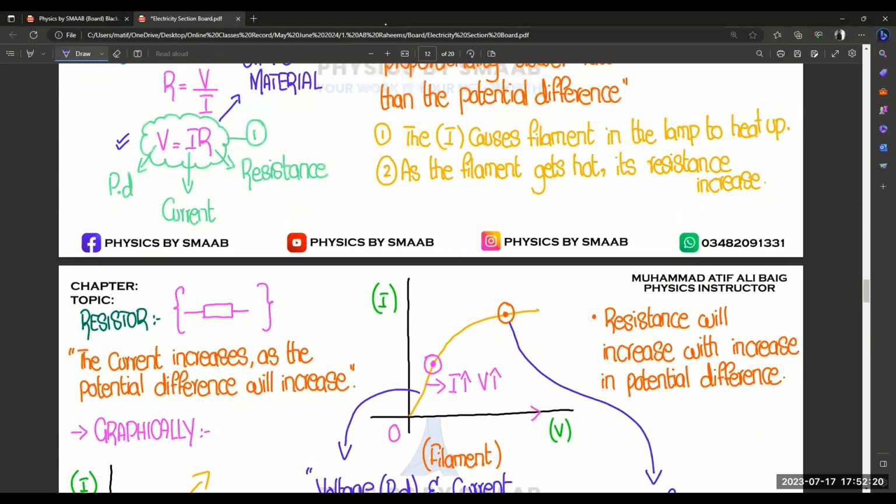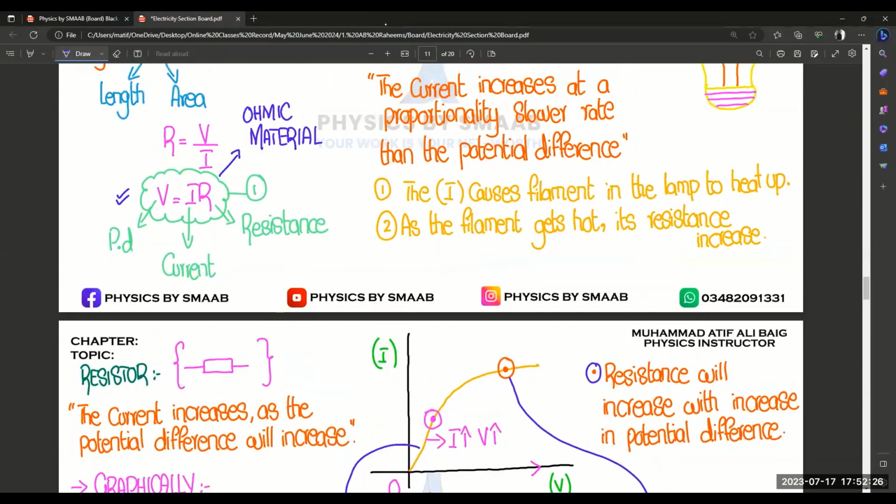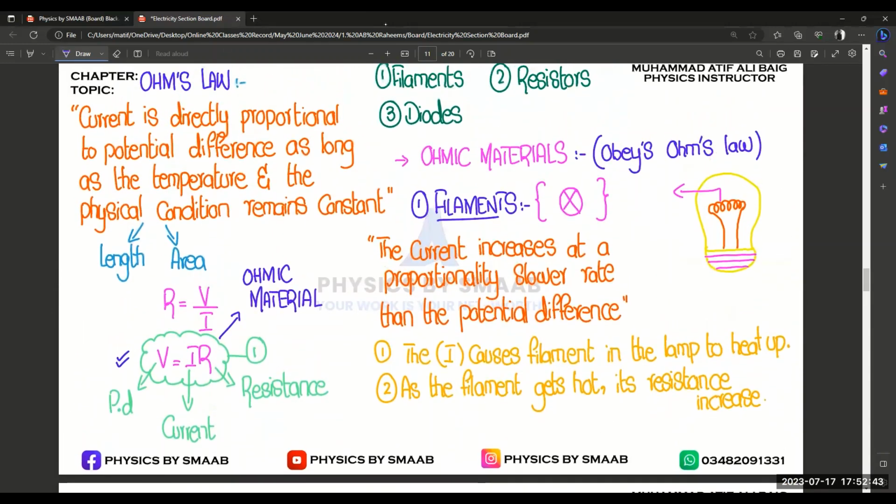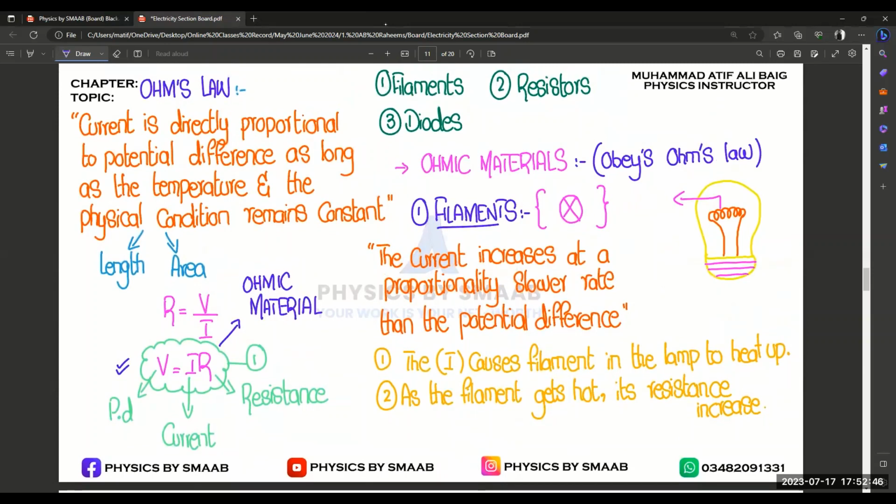I write this point for you because it will clear the concept in a very short point: resistance increases with potential difference. You observe the orange lamp: if we turn on that lamp, after 5 minutes the temperature of the lamp was so high that we were not able to touch it, right? We also write in Ohm's law that resistance will increase with increase in temperature.